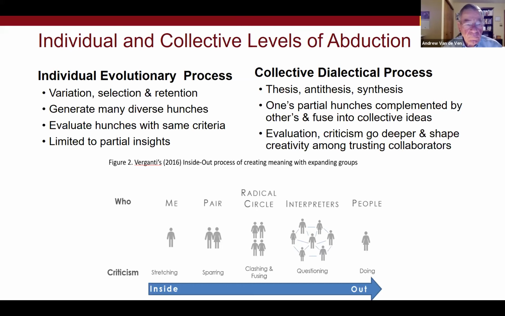And so as you move from me out to a pair, radical circle, interpreters, a big conference, we are moving from inside out, and we're going through these different processes. Whereas for me, I might be undergoing an evolutionary process. When we get into the sparring, clashing, and fusing and questioning areas, that's a dialectical process.